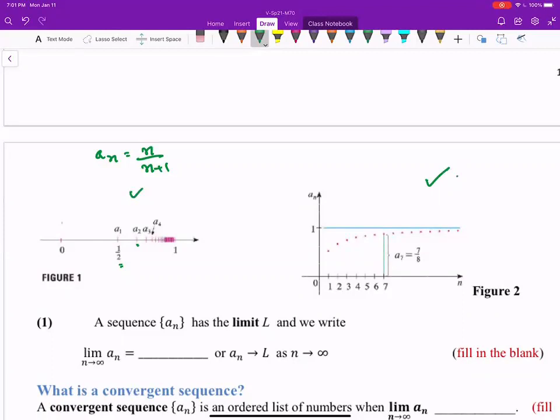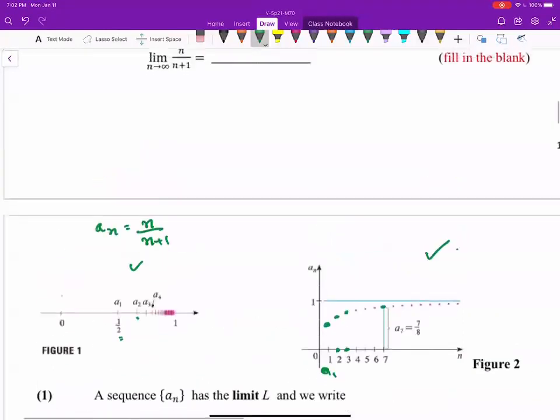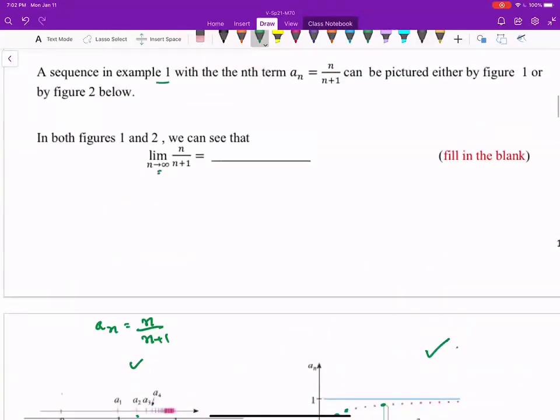For n equal to 1, A1 corresponds to 1/2, then for n equal to 2, A2 corresponds to slightly more than half, 0.67, A3 corresponds to 0.75, and so on. The seventh term corresponds to 7 over 8. Then it goes on and approaches the value 1. The way we say that is the limit as n approaching infinity of n over n plus 1 equals 1. So we can see that pictorially.